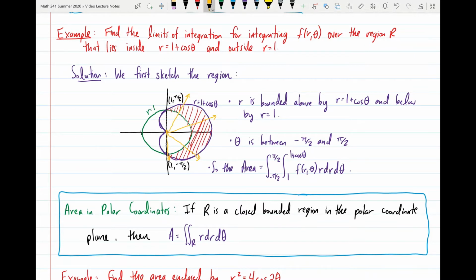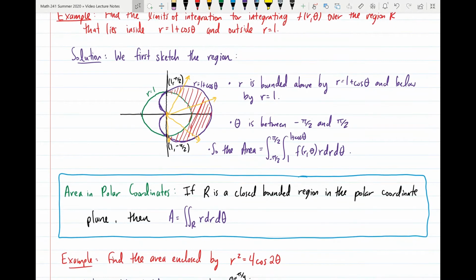So that tells us that r is bounded below by 1 and bounded above by 1 plus cosine theta. We also know that theta is between negative pi over 2 and pi over 2 because the region goes from down here to up here.